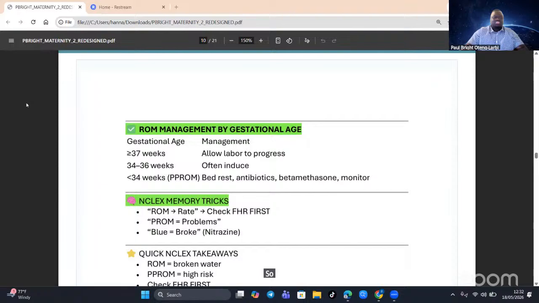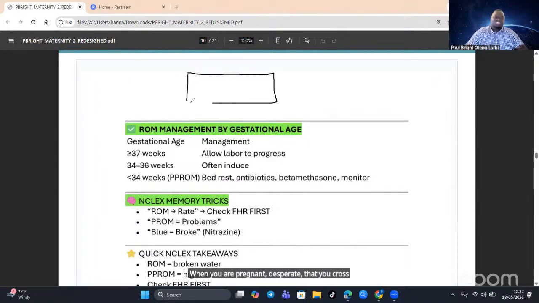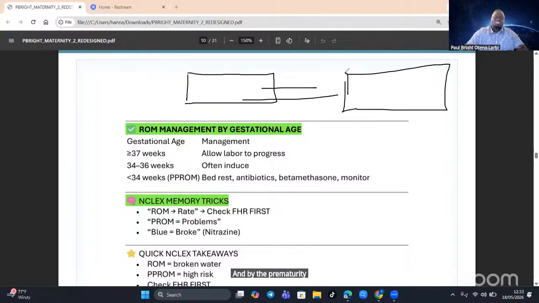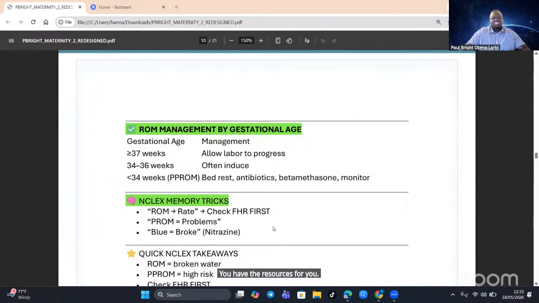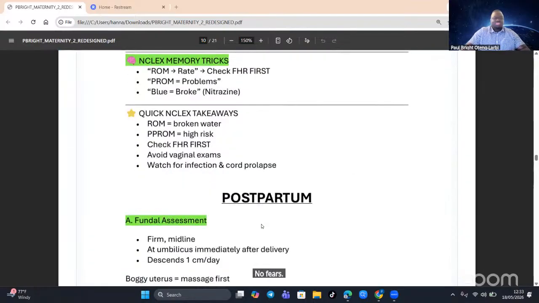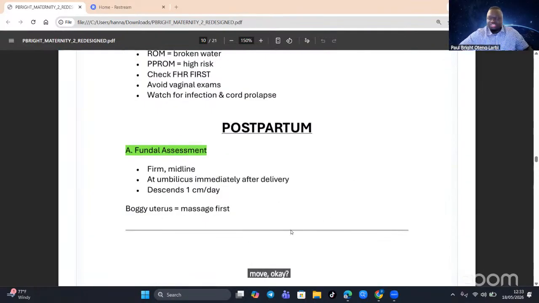So when you are pregnant, just pray that you cross the 0 to 20 weeks and enter the prematurity phase, if the hospital or the country you are living in has the resources for you. No fears. Move. Okay. Let's do postpartum.